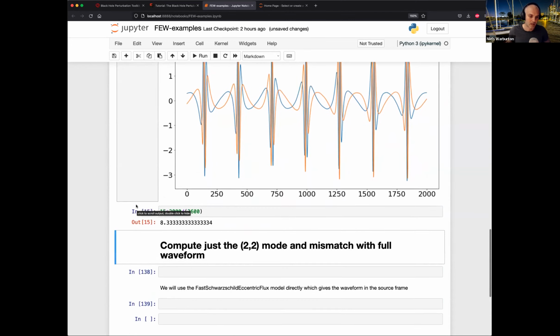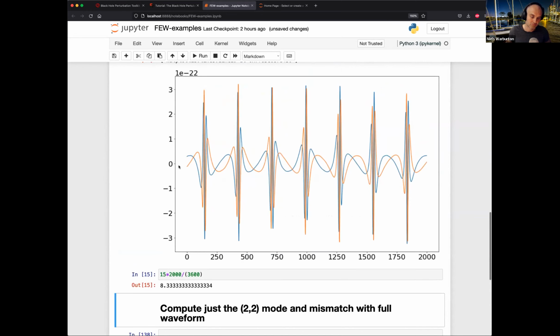Okay. So yeah, this has already done all that stuff that the toolkit could do for you or will do in the future. It's already done the flux-driven inspiral and the waveform.